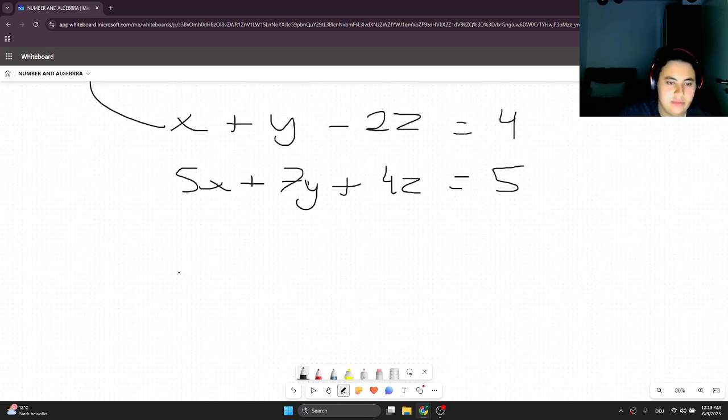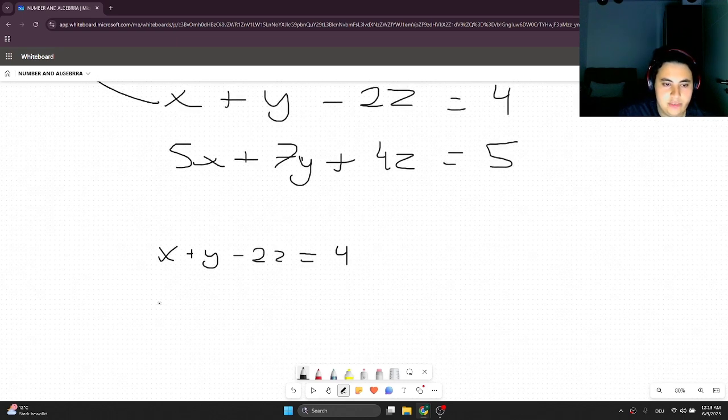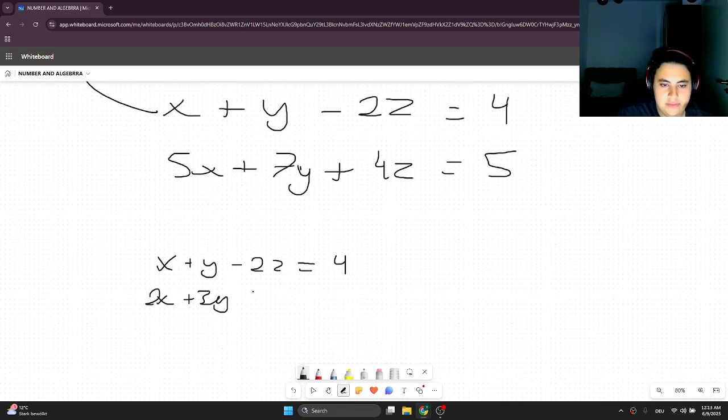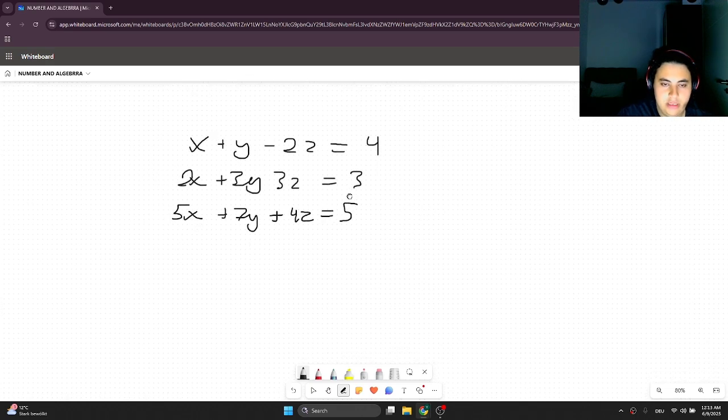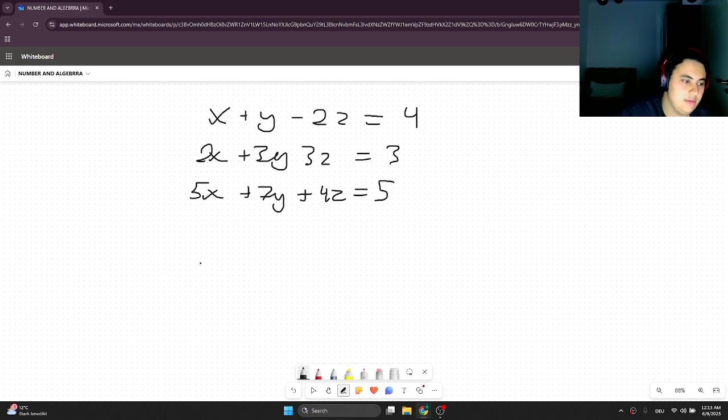It makes things simpler later. So x plus y minus 2z is equal to 4, then 2x plus 3y plus 3z is equal to 3, and the final one, 5x plus 7y plus 4z is equal to 5. So this is my system of simultaneous equations.